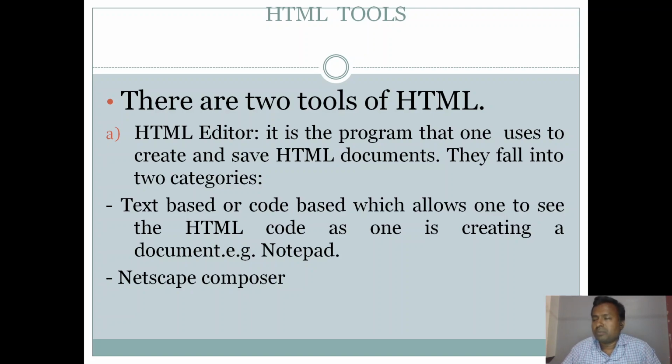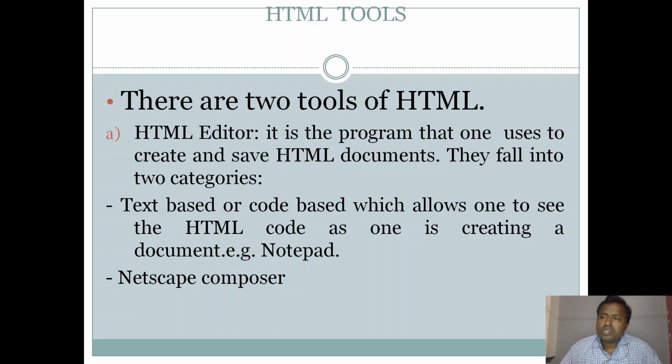Once you have written your program, you can save it with the .html extension or the .htm extension. Once that is done, you can view how exactly the page is rendered. That you can do with the help of software called your web browser.